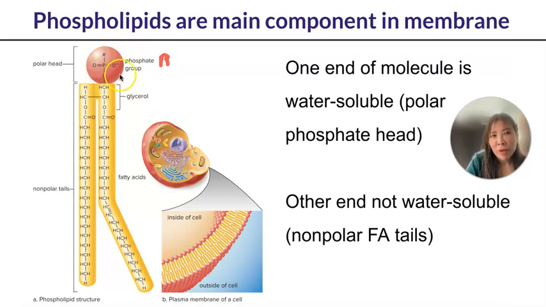Why do we care? Well, because it's polar, it doesn't mind associating with water, so it's actually water soluble. Inside the cell and outside the cell, both sides here, we're actually touching a water-based component. So the head doesn't mind interacting with water because it's hydrophilic, so it likes water.